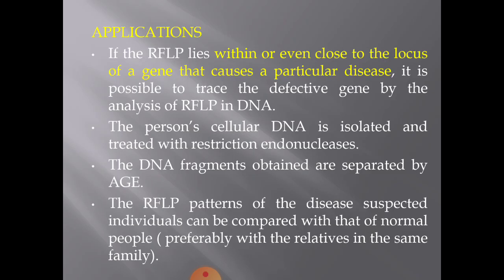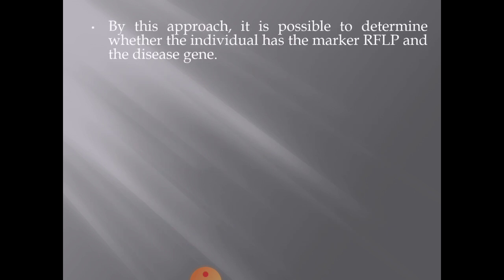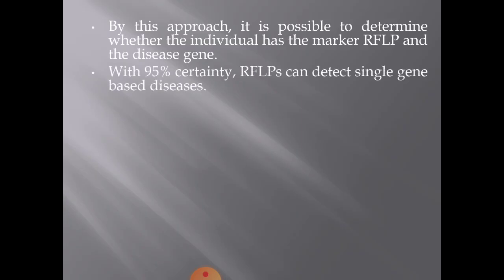You can say whether the person has the disease or not. By this approach, it's possible to determine whether the individual has the marker RFLP and the diseased gene. So with 95% certainty, RFLPs can detect single-based diseases.